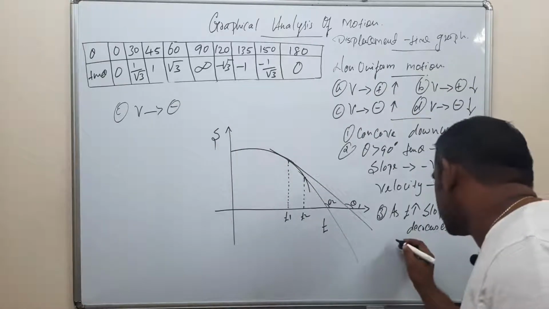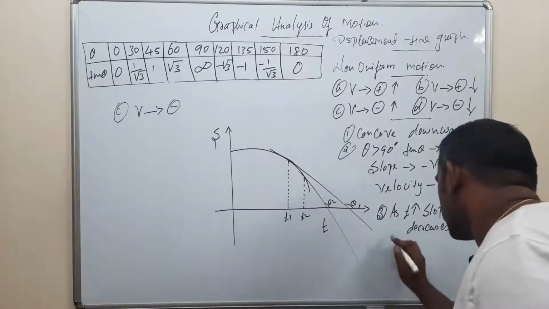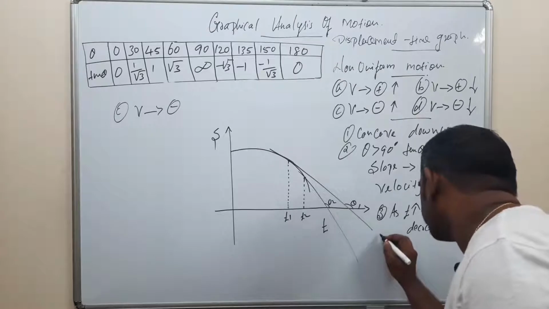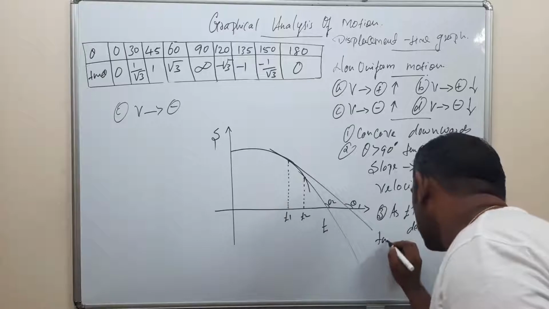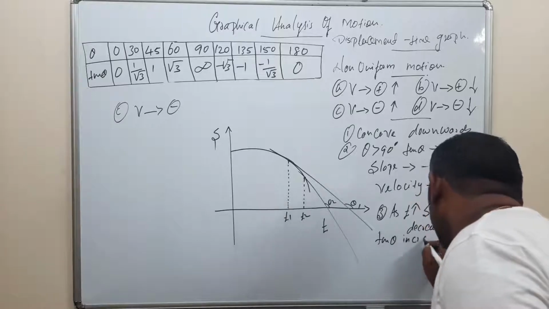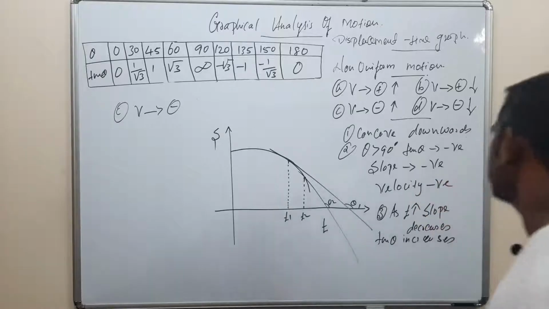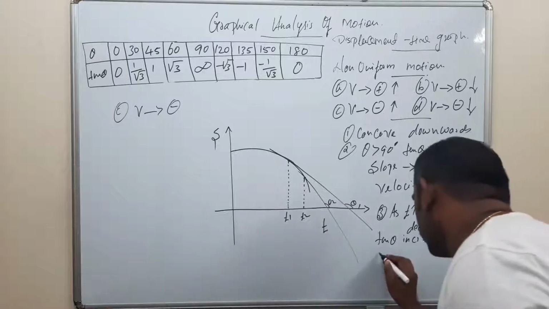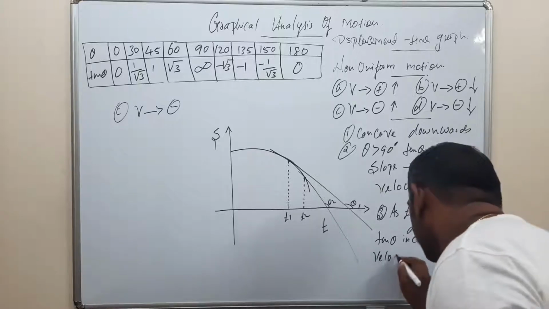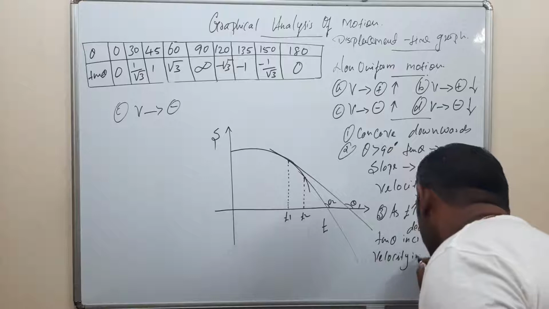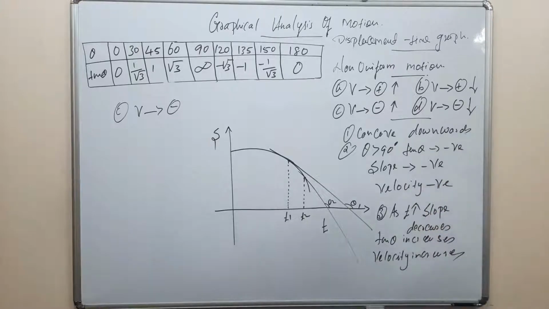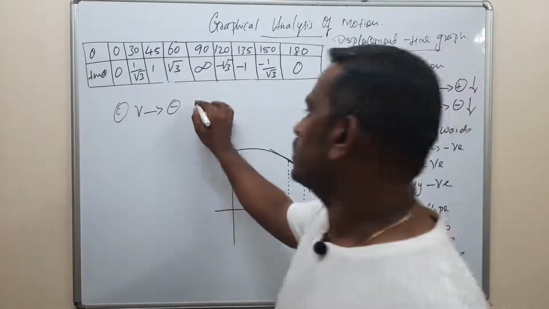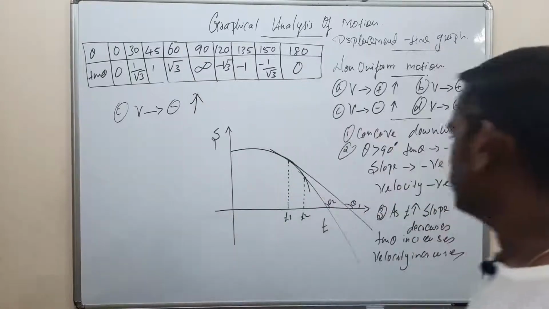So slope decreases, therefore tan theta increases. So therefore velocity increases. That is negative increasing.